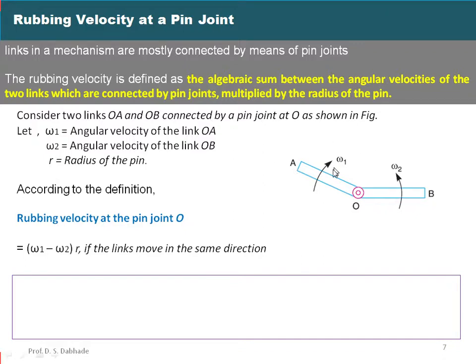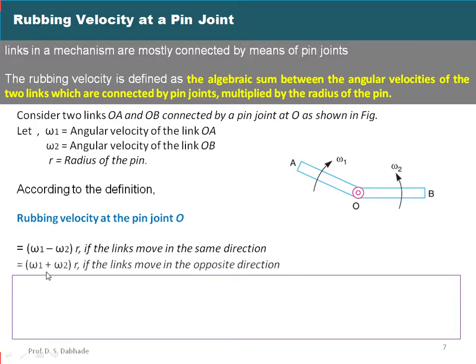Suppose omega 1 is clockwise and omega 2 is also clockwise, or both are anti-clockwise. In that case you take the subtraction of the two angular velocities into the radius of the pin, and I get it in meter per second.